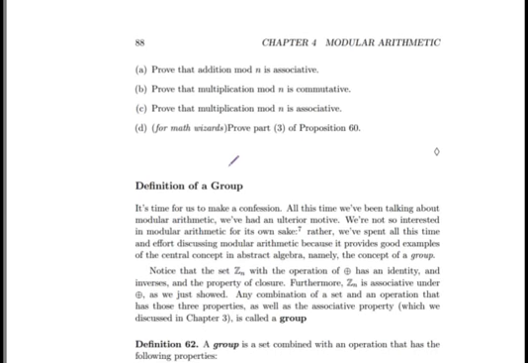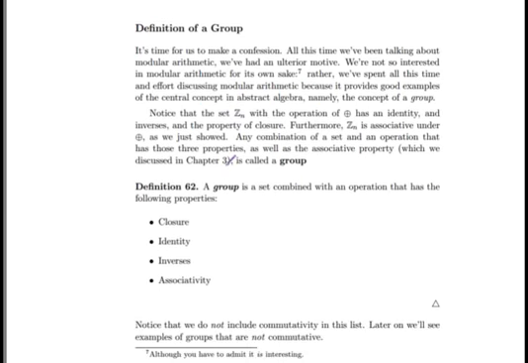Okay, so now we get to kind of a punchline. We've been talking about this set Zn, and we've defined two new operations, circle plus and circle dot. And circle plus in particular has identity, inverses, and closure.